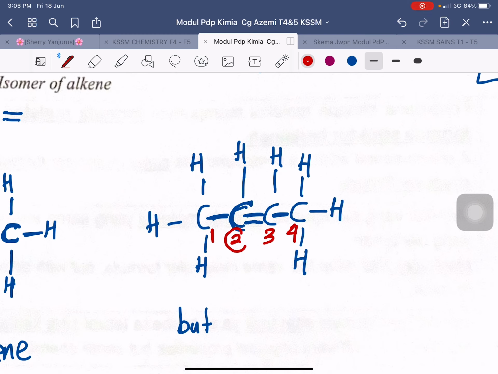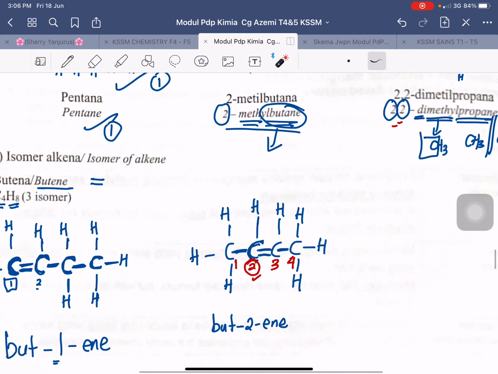So it is situated between 2 and 3. Between 2 and 3, we choose 2. So but-2-ene. Okay? But-2-ene. Why but-2-ene? Because the double bond is situated between 2 and 3 and you have to choose 2 because it is smaller.